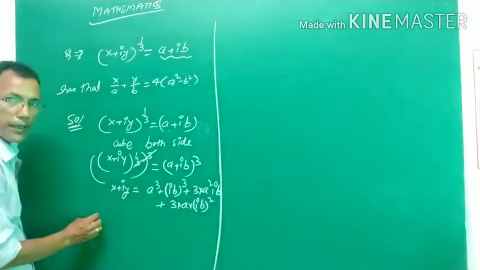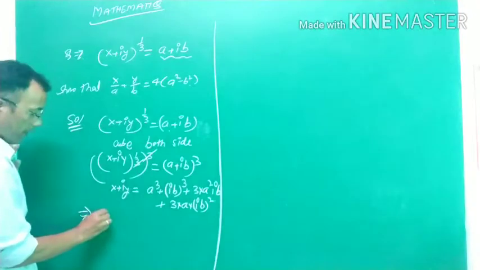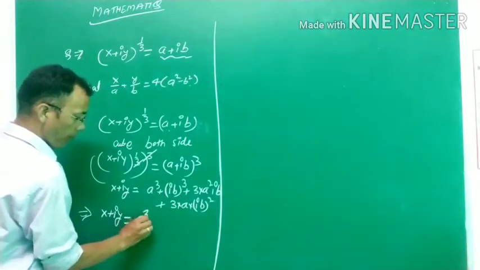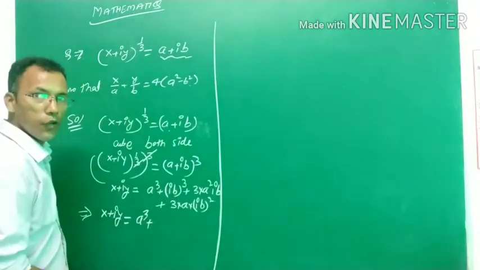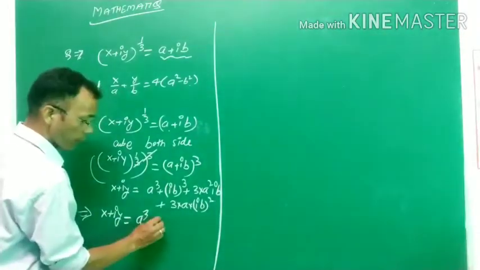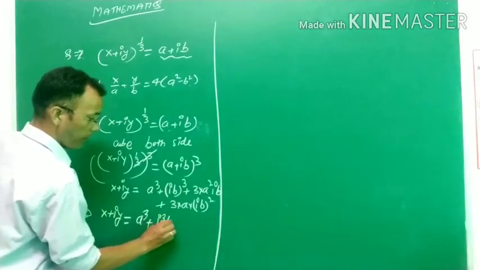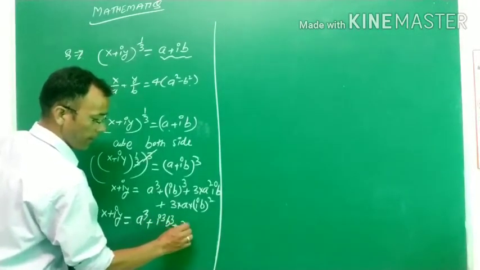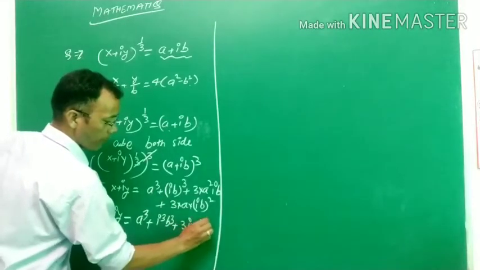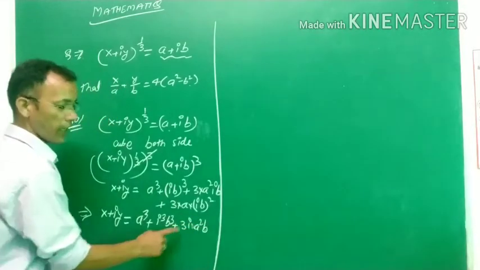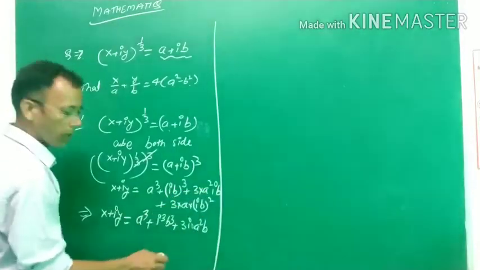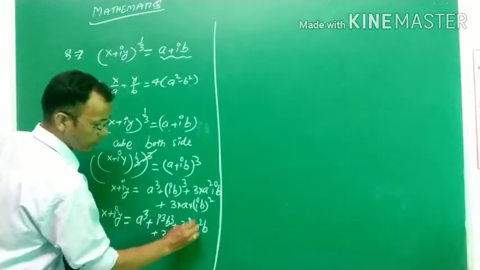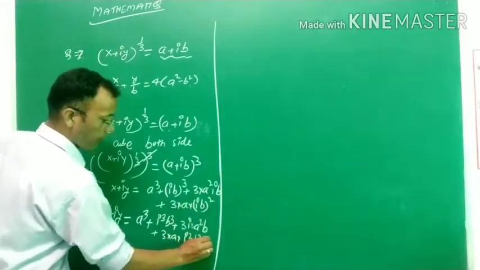Now this implies x plus iota y is equal to a cube plus iota cube b cube plus 3 iota a square b and plus 3a iota square b square.